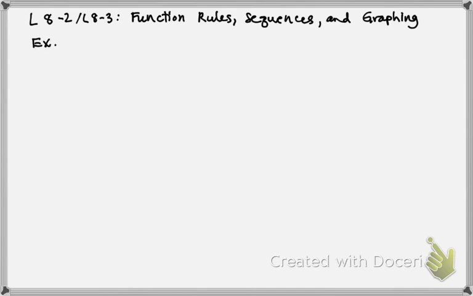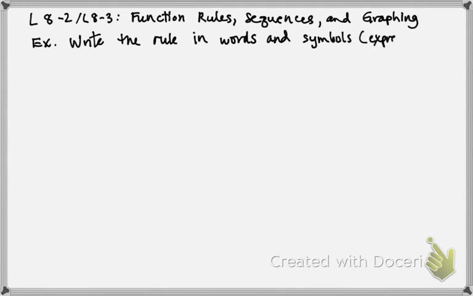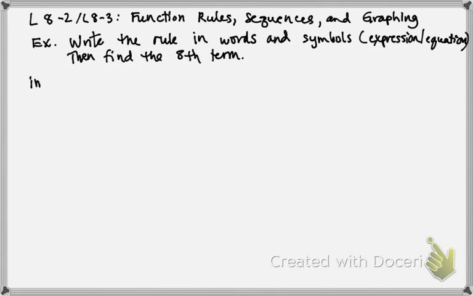So our directions are going to say write the rule in words and symbols, which would be a way of saying an expression, or it could be an equation. And then find the 8th term.